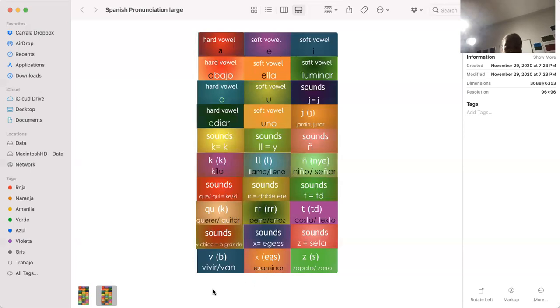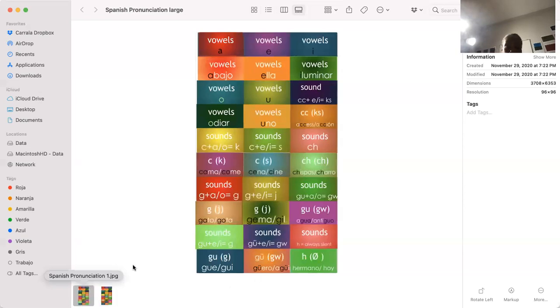I'm going to change the card. GU, like in gay, or gay.